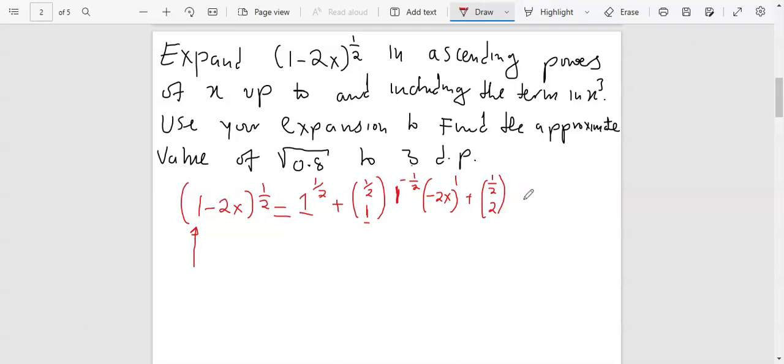Whatsoever was the first term, that is a 1, I'll subtract: half minus 2. What do we get? Is it negative 3 over 2? Negative 3 over 4? Negative 3 over 4. And then whatsoever was the second term, this is negative 2x.